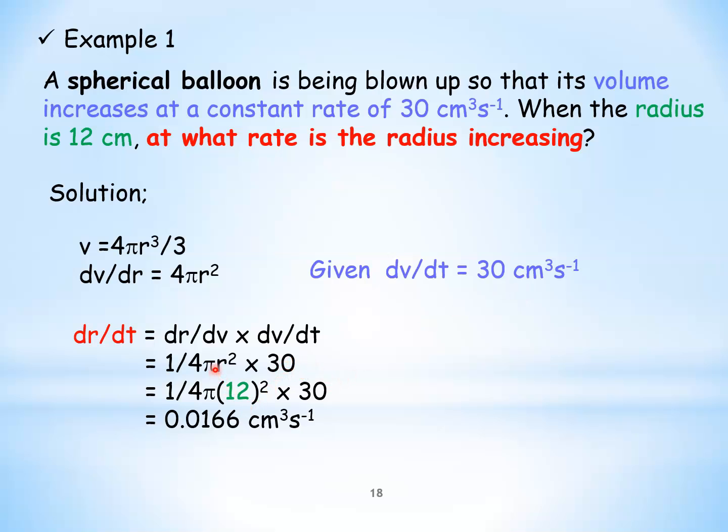So another thing you have to know is r. How about r? It's mentioned here when the radius is 12 cm, means that your r equal to 12. Now you have to substitute your r equal to 12 into the equation. Then only you can calculate. So you get this answer. So at what rate is the radius increasing? At this rate, 0.0166 cm per second. Very small rate.